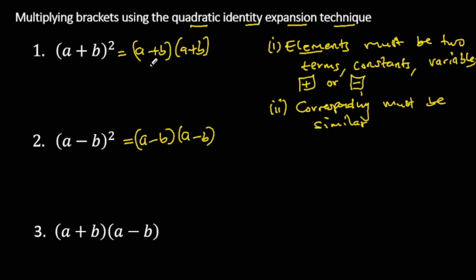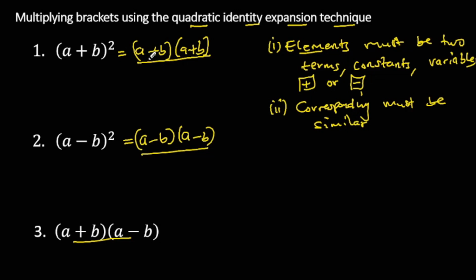If we look at these brackets, look at the corresponding elements in each bracket. The first element in the first bracket is similar to the first element in the second bracket. Also, the second element in the first bracket is similar to the second element in the second bracket. And this applies to all three cases.